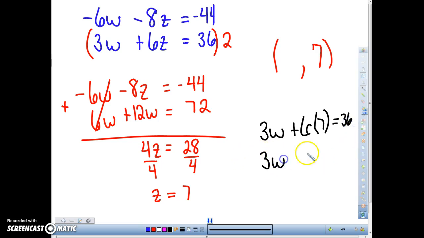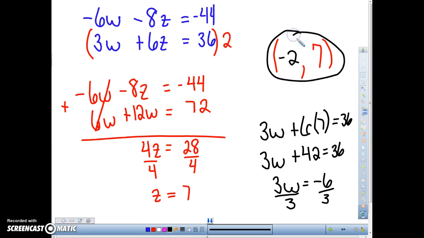So 3w plus 6 times 7. Subtract your 42 over. Divide both sides by 3, and you get negative 2. So again, one solution crosses at negative 2, 7.